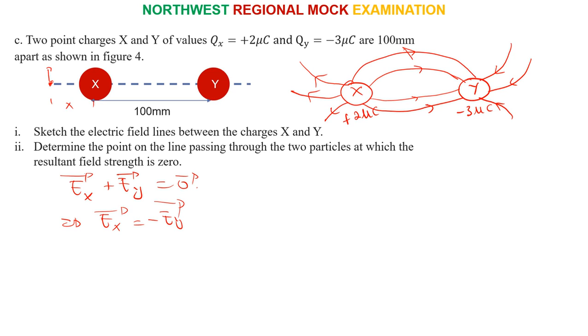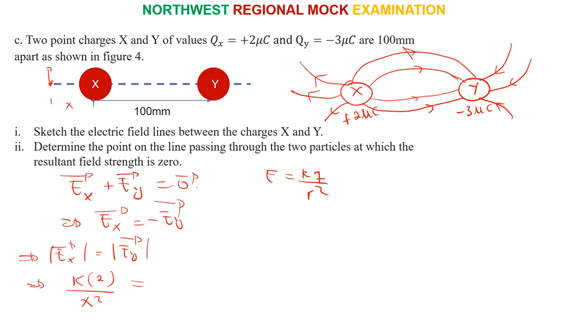From here, we are not going to work with vectors. I'm going to use the magnitudes of the fields. So the magnitude of Ex should be equal to the magnitude of Ey. But remember that E is given by kQ divided by r squared. So E of x will be equal to k times the charge of x, which is 2, divided by x squared.